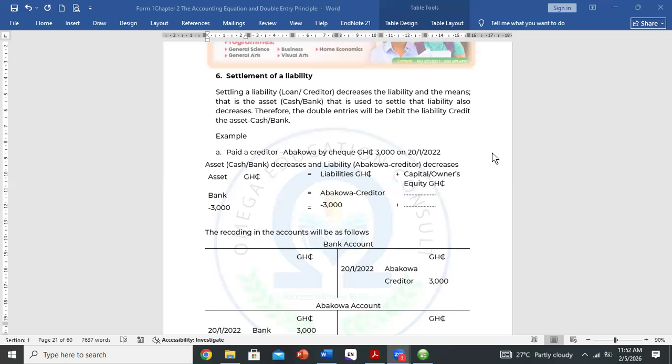So if you are using cash or check to pay for a debt, technically that cash or the money in the bank account will reduce. And cash and bank are assets, right? So the asset, cash or bank, would decrease, and when assets decrease, what do we do? We credit them. So in this transaction, the effect will be a decrease in a liability and a decrease in an asset.